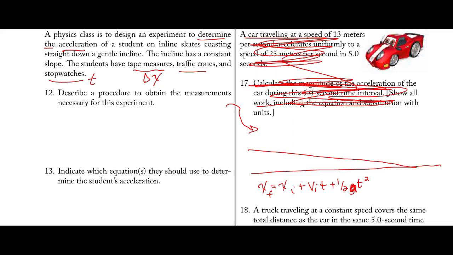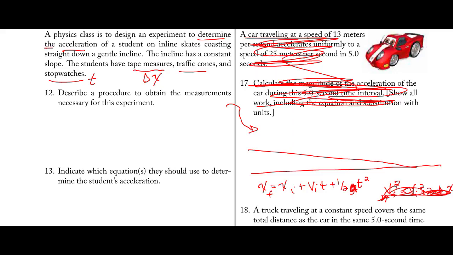And then you got v squared equals the initial squared plus 2a delta x. Now the problem with this equation right here is we don't have final velocity. We don't know what speed that person's going to reach, so we can't use that one.